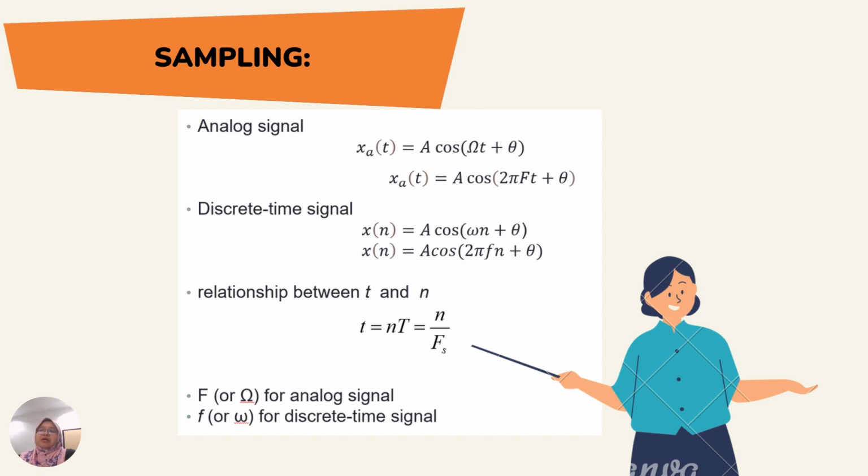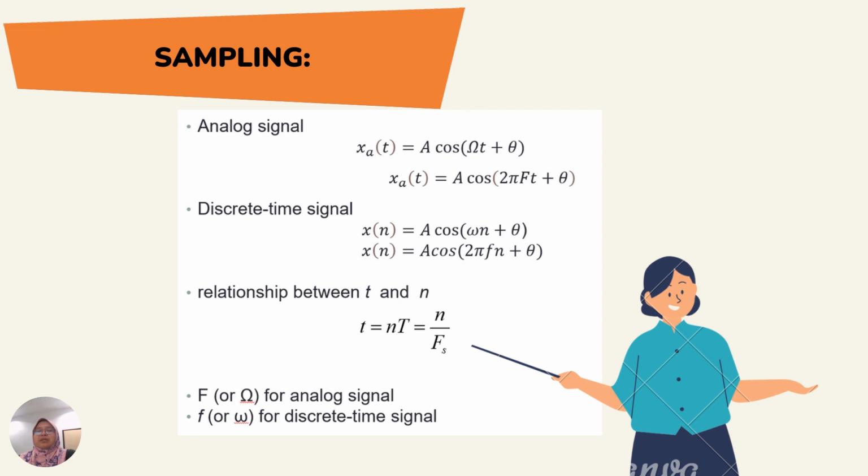The amplitude is denoted by A, and the function is the same, cos. But for the frequency, capital omega is for the analog and small omega is for the discrete signal, so it's 2 pi f. Capital F is for analog, small f is for discrete.